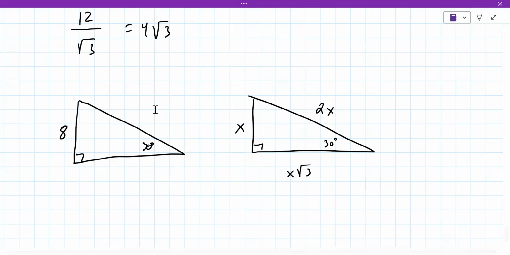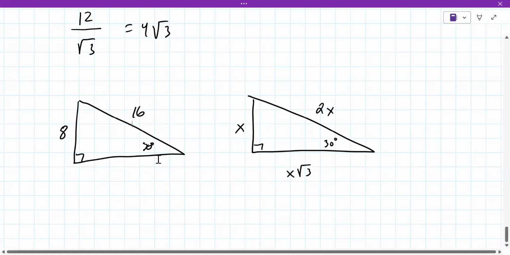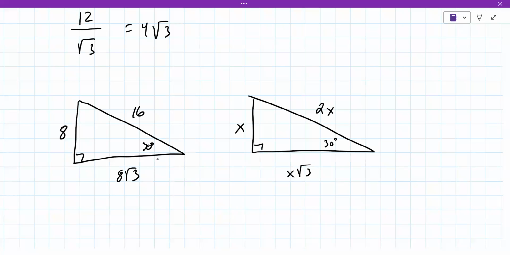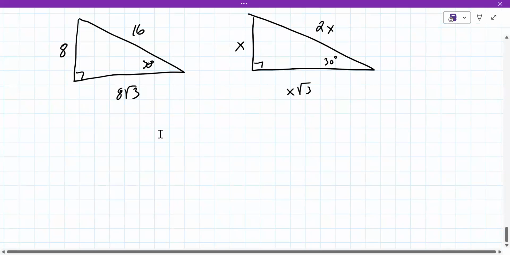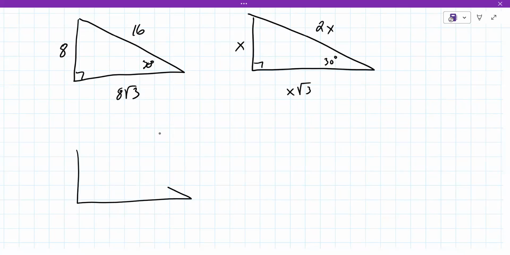Hypotenuse 16. And how about the base down here? 8 square root of 3. Yes. Now, the other type of problem you might see is one where they give you the hypotenuse. They tell you that the hypotenuse is 10.